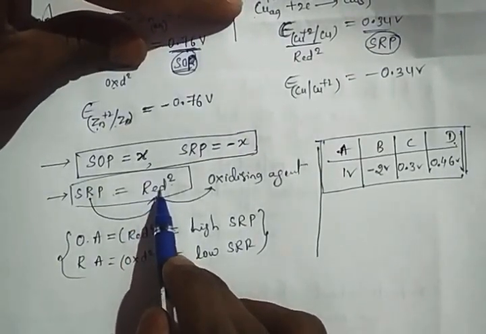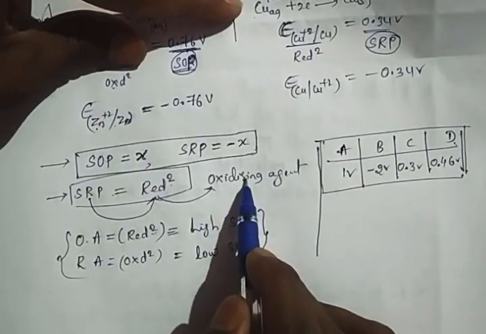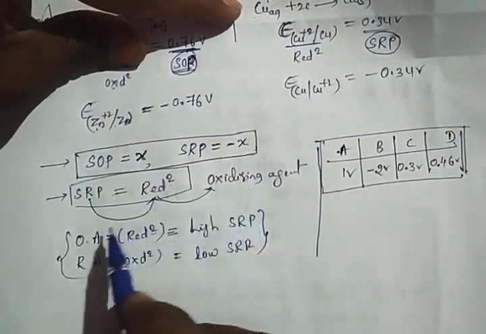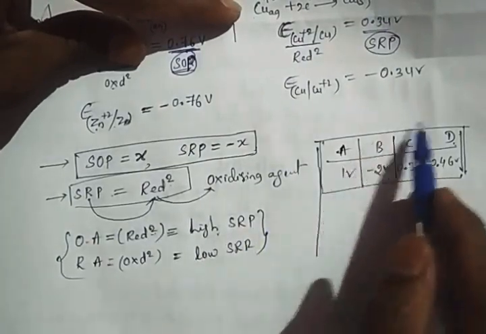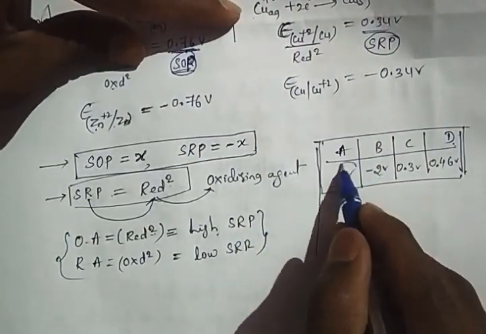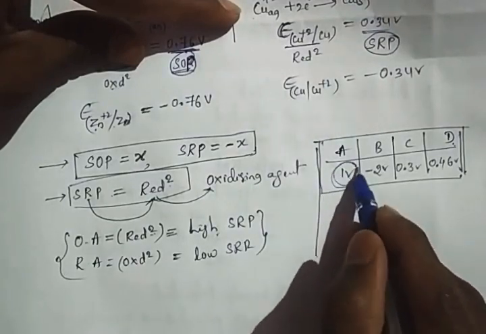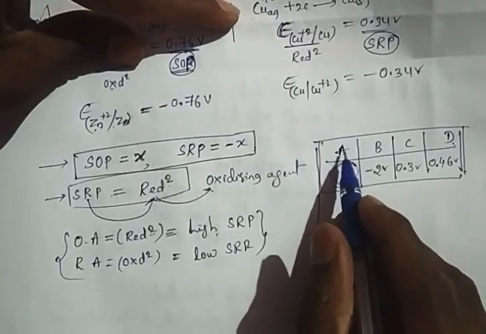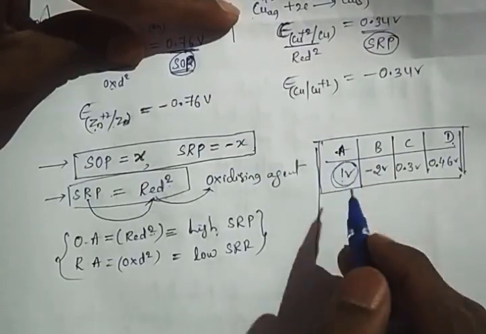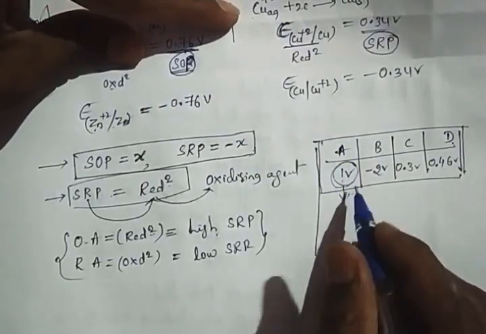The substance which undergoes reduction is an oxidizing agent. So to predict the oxidizing agent, we look for the higher SRP. Among these 4 values, the largest value means it undergoes reduction and is an oxidizing agent. This is the best oxidizing agent.